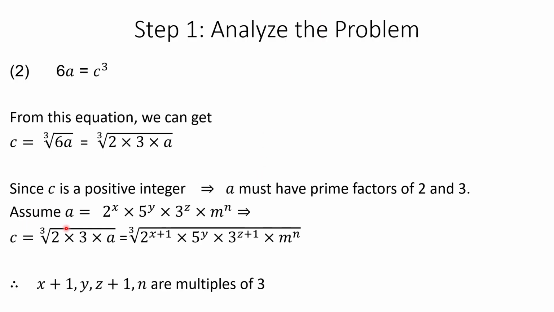Now, assume a is equal to 2 to the power of x times 5 to the power of y times n to the power of n, and now times 3 to the power of z, because we need a prime factor of 3.